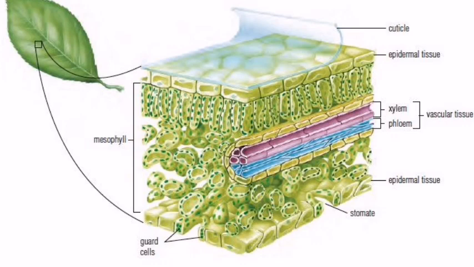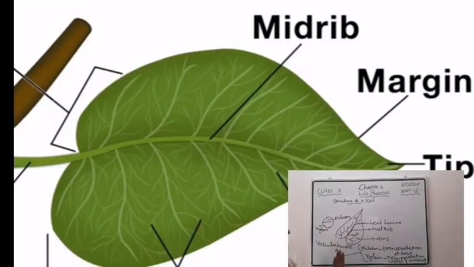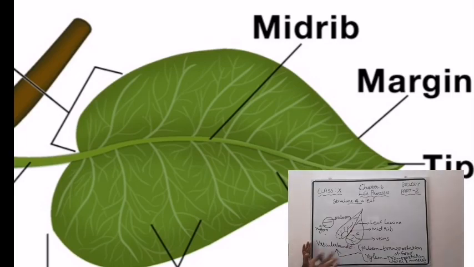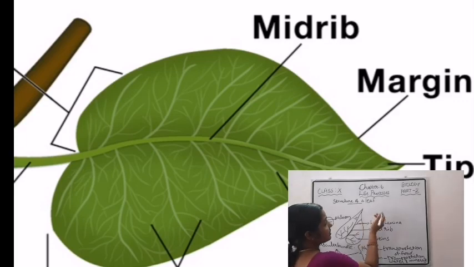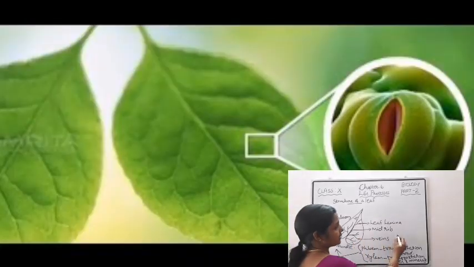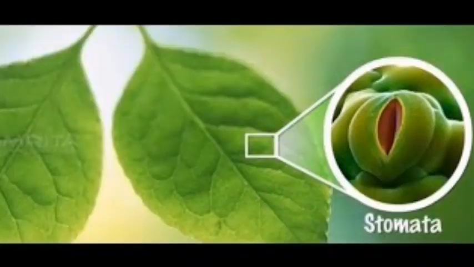The leaf consists of a large surface area. What is the purpose of that large surface area? In order to absorb maximum sunlight. That is about the structure of a typical leaf. And one more point: this leaf consists of many stomata present on both the upper and lower surfaces. So that's about the structure of a leaf.